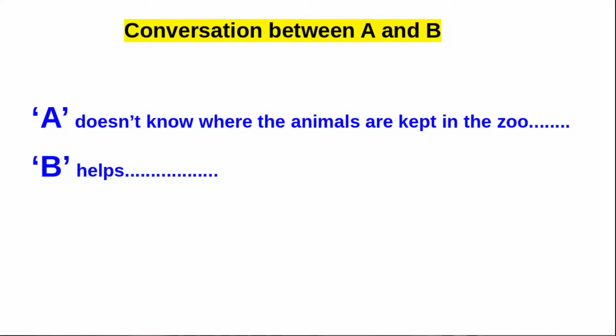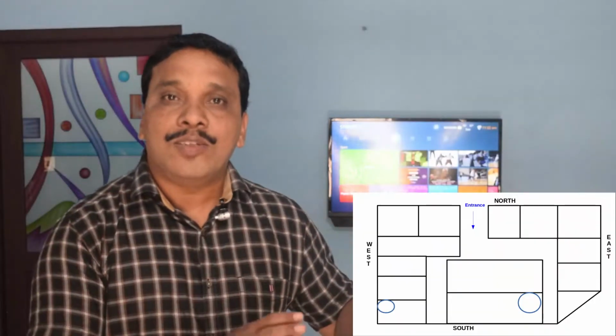I am going to present a conversation. There are 2 persons, one is Mr. A and the second person is Mr. B. Right? A wants to visit the zoo. But A doesn't know what and where the animals are being kept in that zoo.